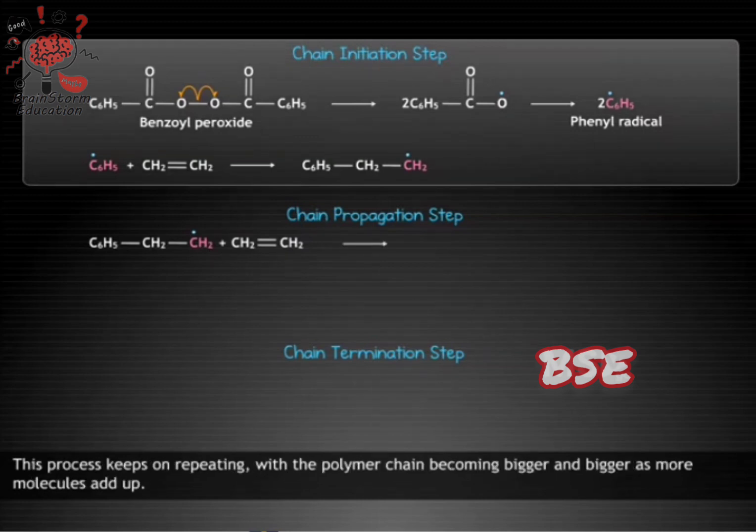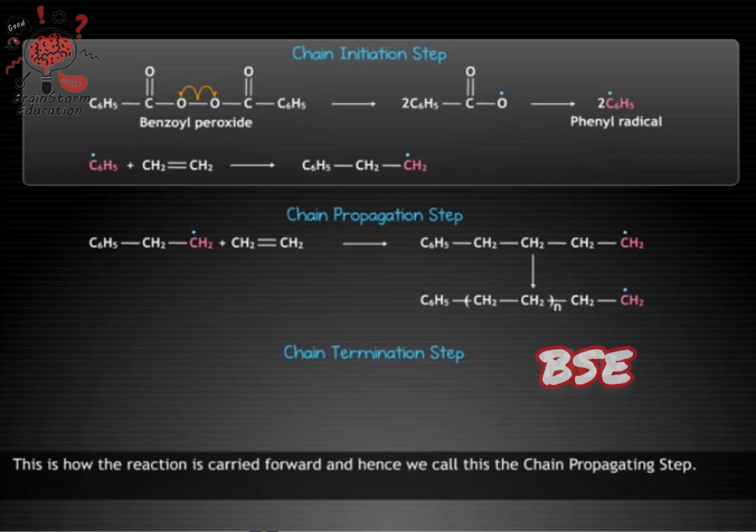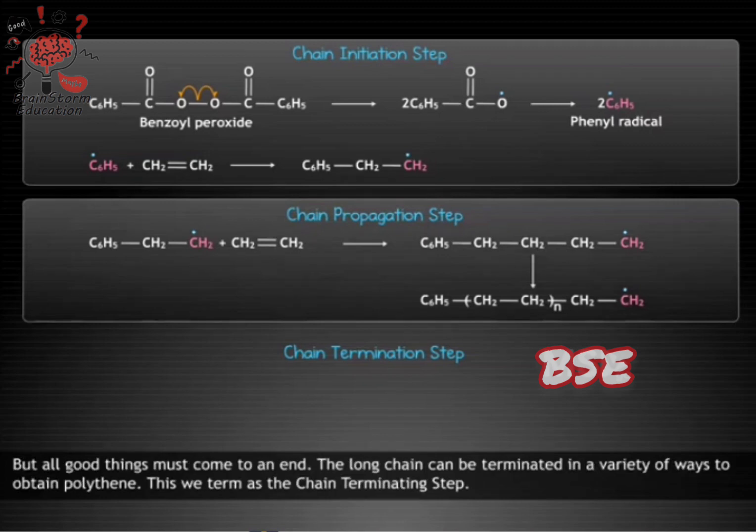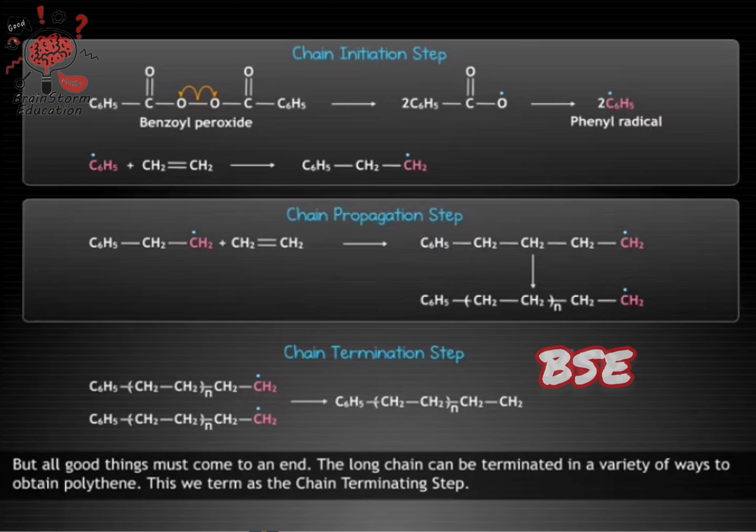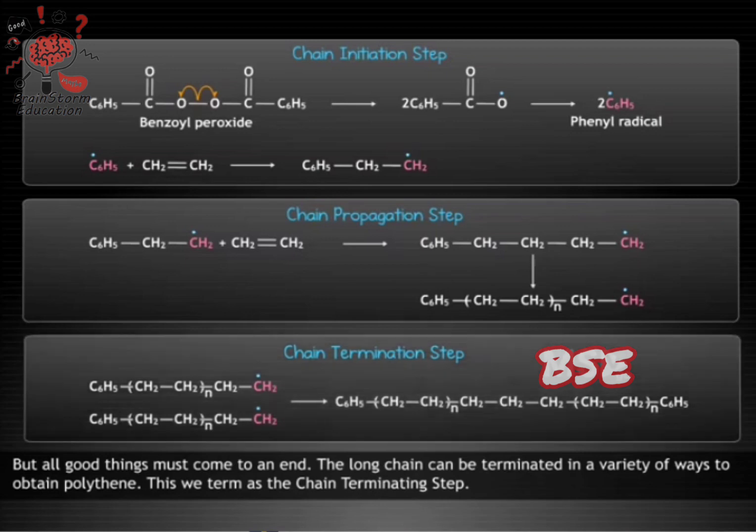This process keeps on repeating, with the polymer chain becoming bigger and bigger as more molecules add up. This is how the reaction is carried forward, and hence we call this the chain propagating step. But since all good things must come to an end, the long chain can be terminated in a variety of ways to obtain polythene. This we term as the chain terminating step.